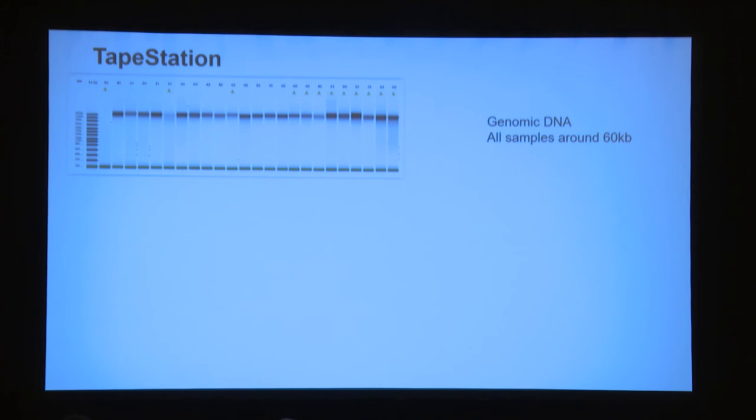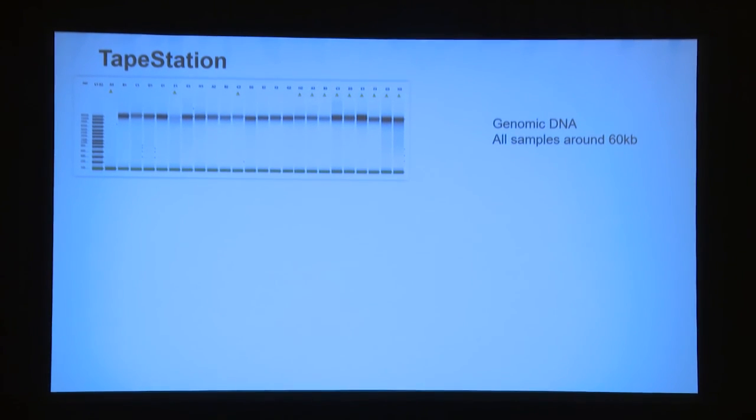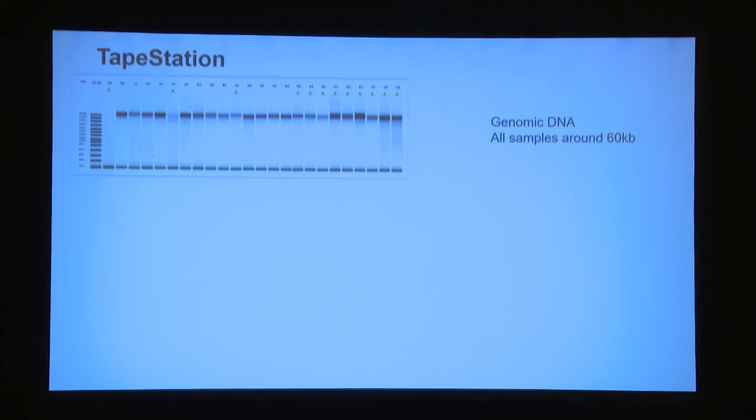And you know, I usually like to challenge One Lambda, so I sneaked in one buccal swab. As you can see here, this is a TapeStation, if you're not familiar with it. It's like running your DNA on a gel, but it's more like a microchip. You can see sample number 6 has a faint band, and this was a buccal swab.